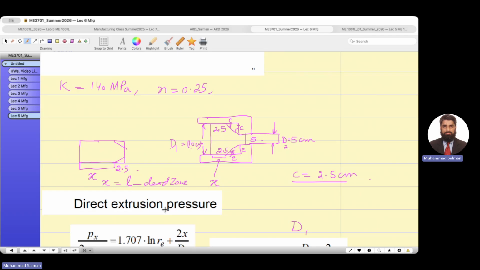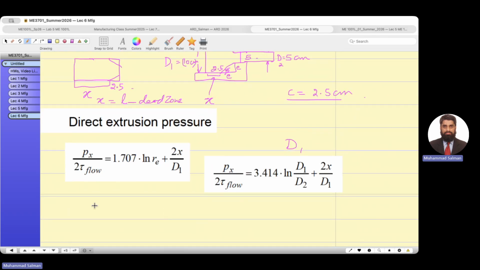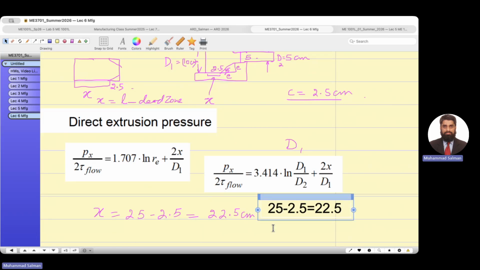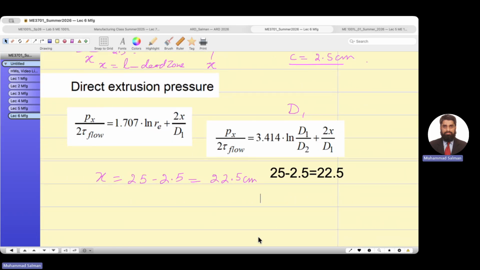It keeps on staying there, that's why we call it the dead zone. So what is my X value? X equals 25 minus 2.5, which is 22.5. I'm just trying to gather some unknown variables to plug in.